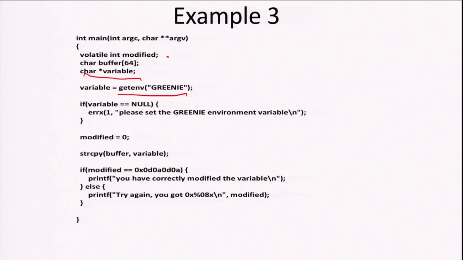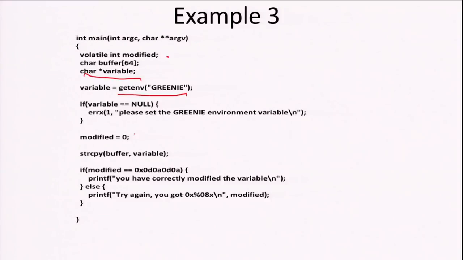This environment variable called greeny, which is not a standard environment variable, we will create, and then this getenv function will give a pointer to whatever string is associated with the variable greeny. Then we check whether the variable is null, which means in the environment there is no greeny environment variable, in which case this variable will come out as null after the getenv function call.